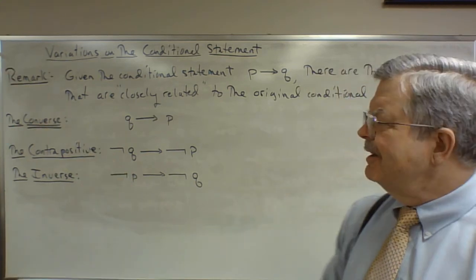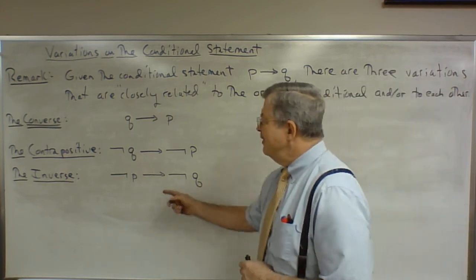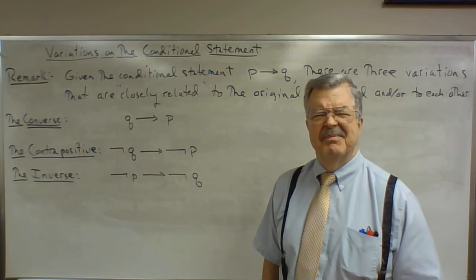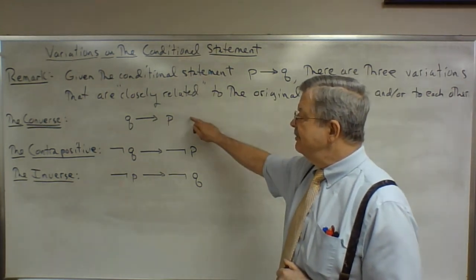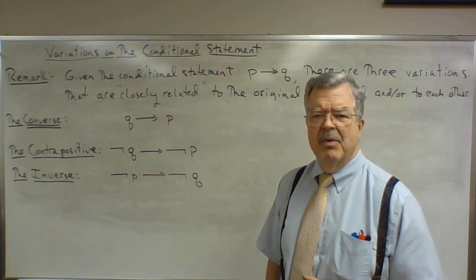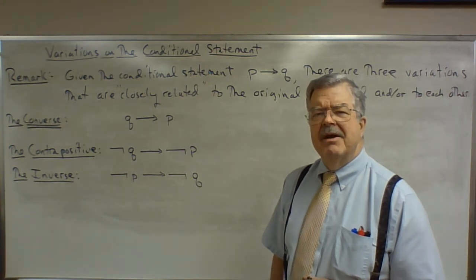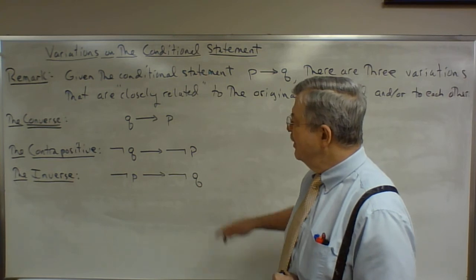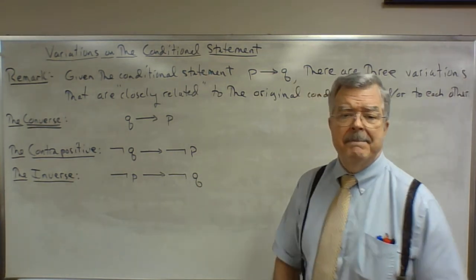Now, let me be honest. The inverse is really not much more than a curiosity. The converse and the contrapositive are important. Let's find out why. Let's look at the truth table for the contrapositive.